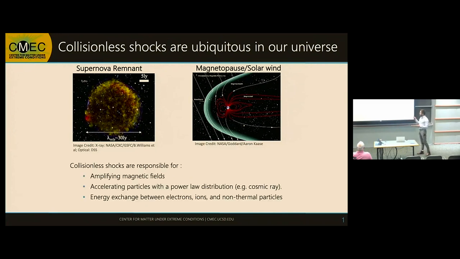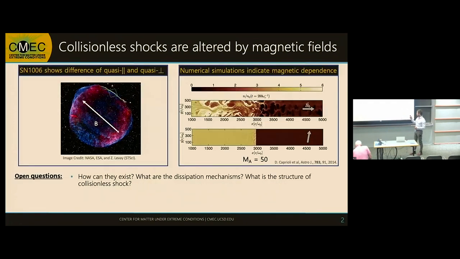With these shocks, we also observe an amplification of the magnetic field. Collisionless shocks are also believed to be a perfect candidate to generate high energy particles following a power law distribution. Those non-thermal particles are also called cosmic rays, and the shocks are believed to be a good place for energy exchange between electrons, ions, and non-thermal particles.